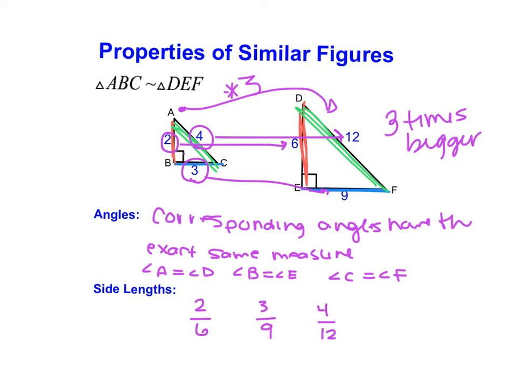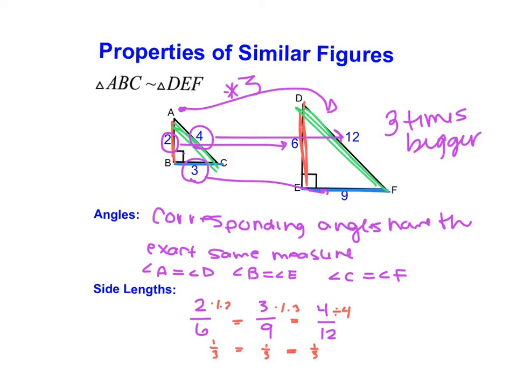If you simplify them all down to their simplest form, dividing these by 2, these by 3, and these by 4, they all become 1/3. So these side lengths all represent the exact same ratio, which means we can create proportions out of these side lengths in the future to help us find missing sides.